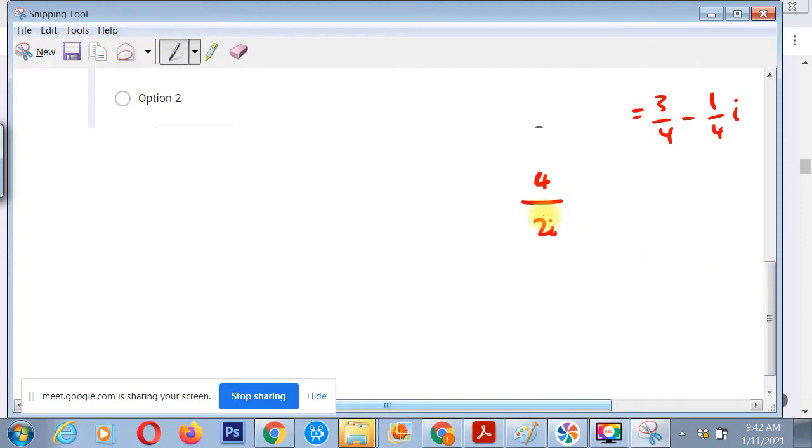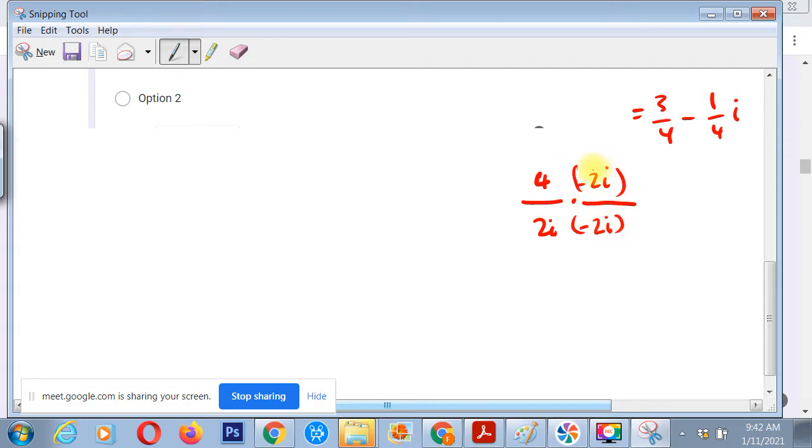You cannot deal with this. But we can deal with it once the denominator is a real number. So how to make it a real number? We conjugate first. Yeah, we conjugate first. The conjugate of 2i is negative 2i.